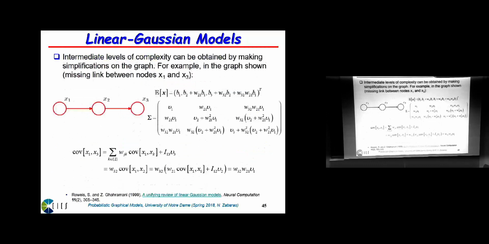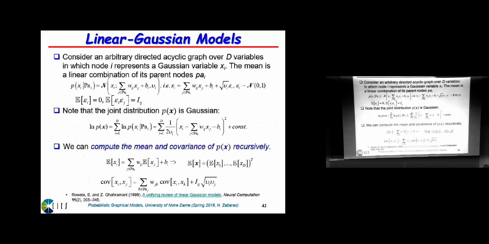So let's look at node 3. I want somebody with genius memory to remember this equation, right?